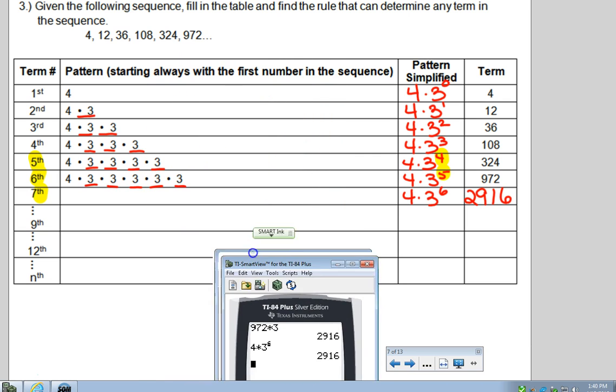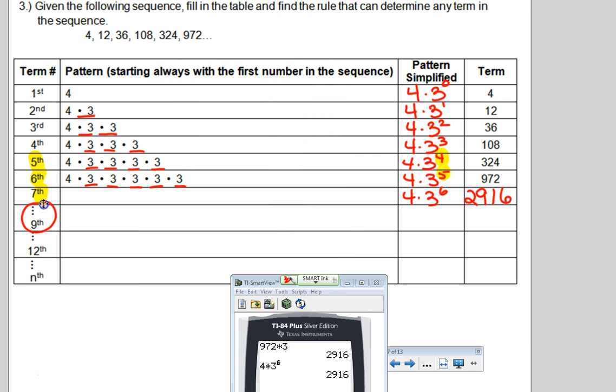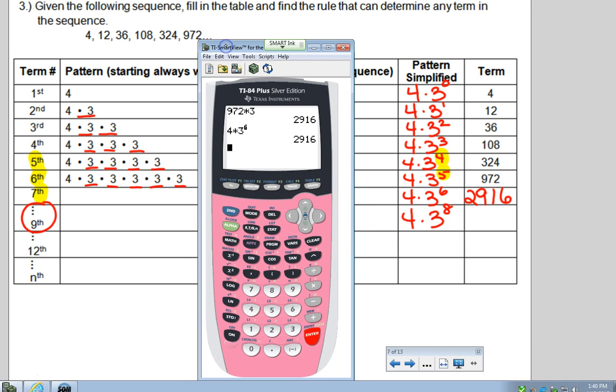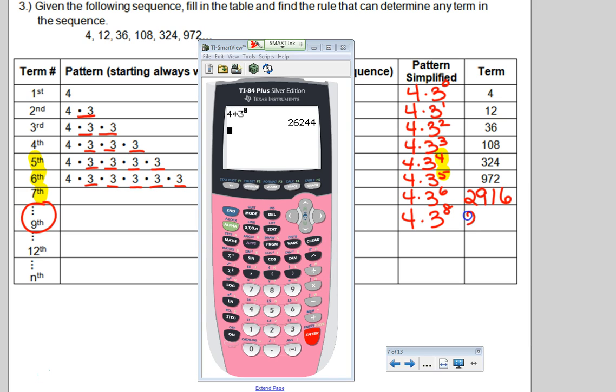Okay, so moving on to the 9th term now. The 9th term, we know it's going to be 4. And after that, to get to the 9th, we're going to need 8 more 3's. So that's going to be 3 to the 8th power. Because again, we're multiplying 8 3's in a row. All right, so 26,244.